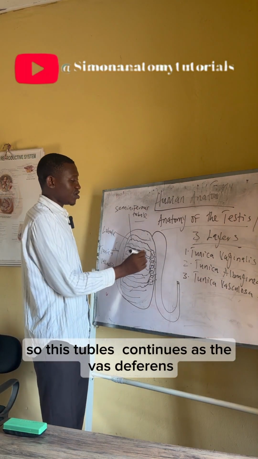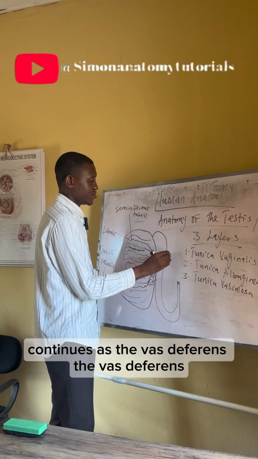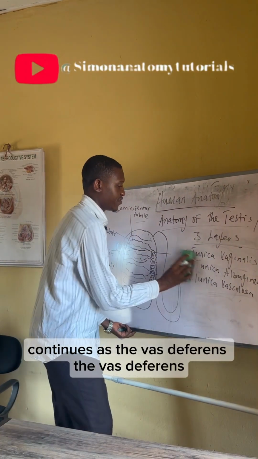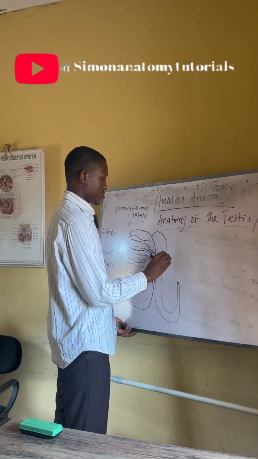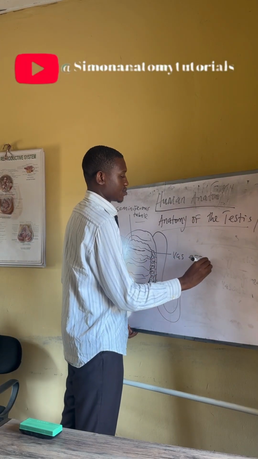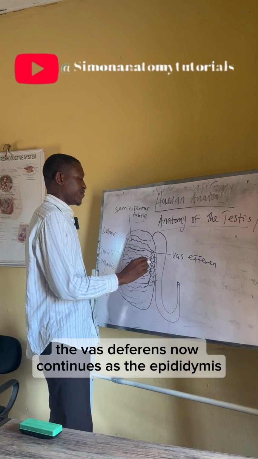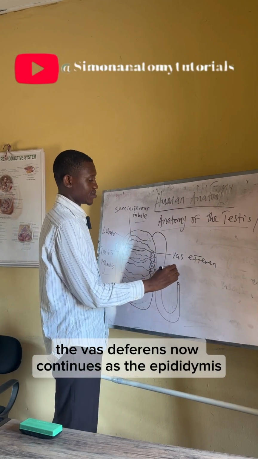So this tubule continues as the vasa efferentia. The vas efferens now continues as the epididymis.